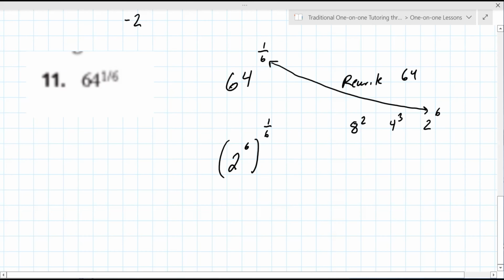Why is it 2 to the power of 6? So that means it's 2 times 2 times 2 times 2 times 2 times 2. Oh yeah, I see it now. Okay. And there are a couple that work. You just have to decide, okay, I think this is the one that will work best here.